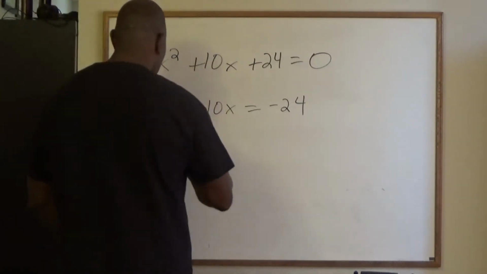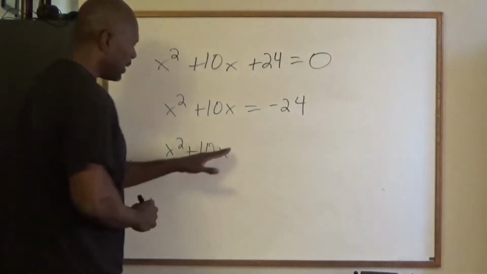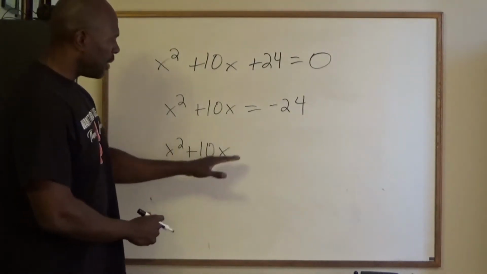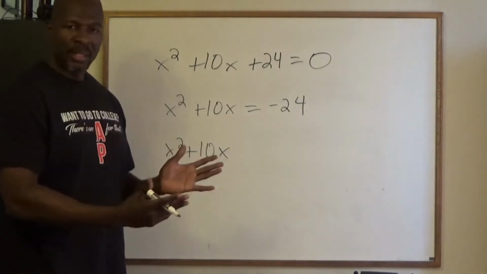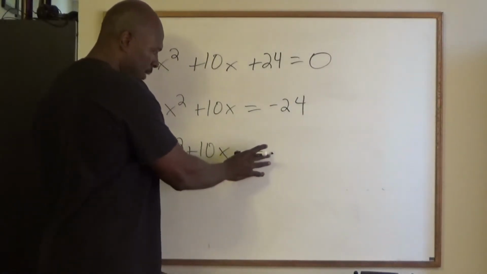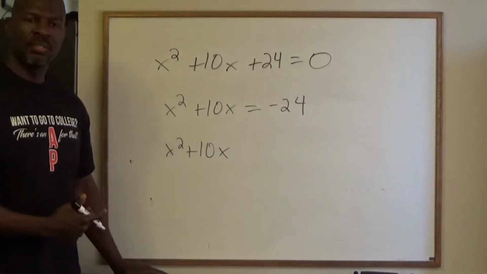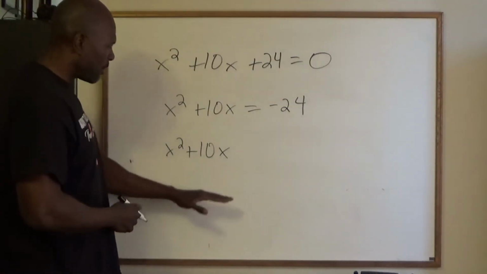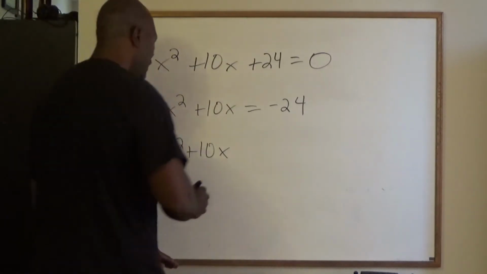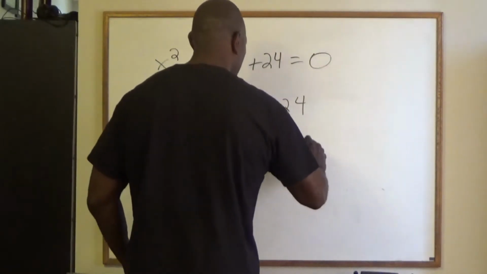So if you recall, I need a number here that completes the square, a number that makes this a perfect square. Remember the relationship between this constant and the coefficient of x: it's half of the coefficient of x, squared. So to find that number, I take half of this number and square it. Half of 10 is 5, 5 squared is 25. And so I add 25.